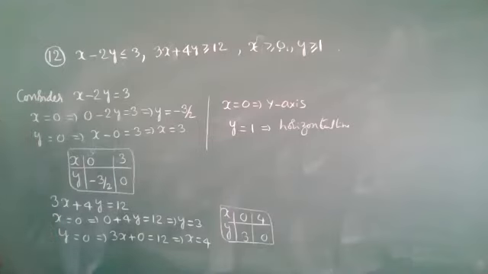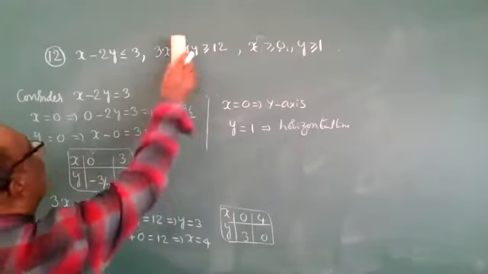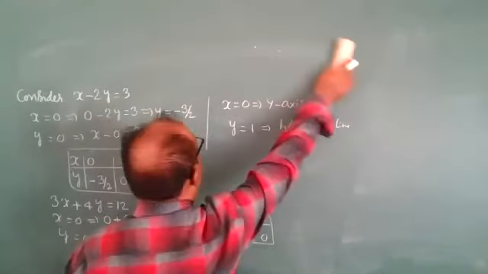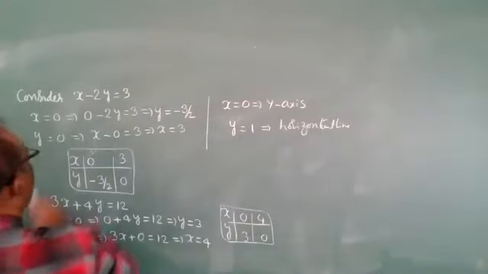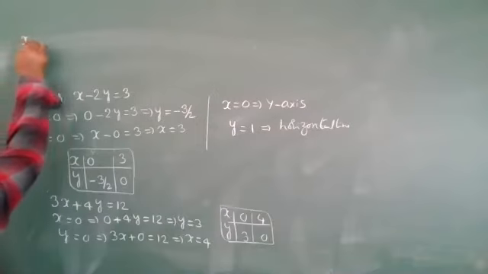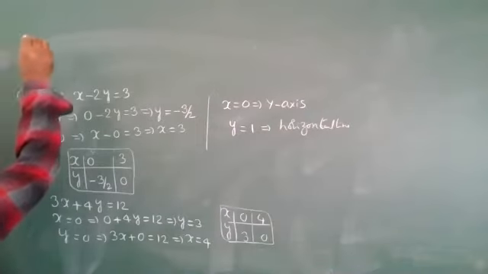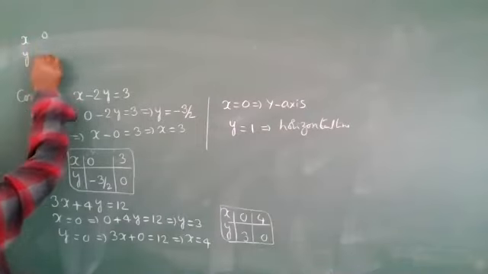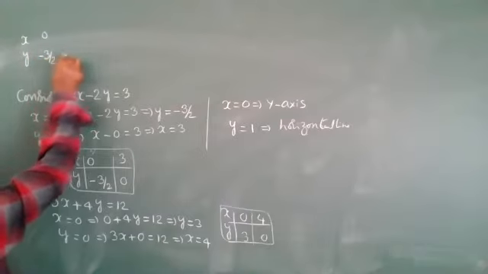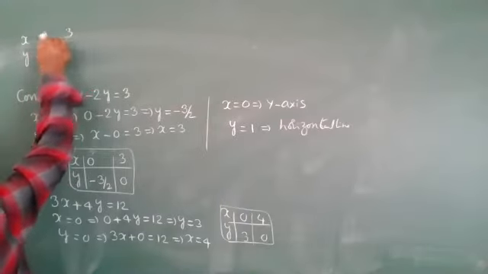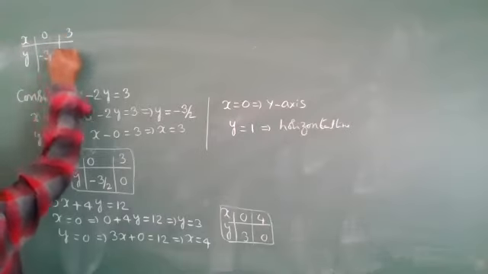Everyone, now I take the graph. Everyone see, I am going to take the graph. First table I will write x, y: 0, minus 3 by 2, 0, 3. That is the first table. Right.